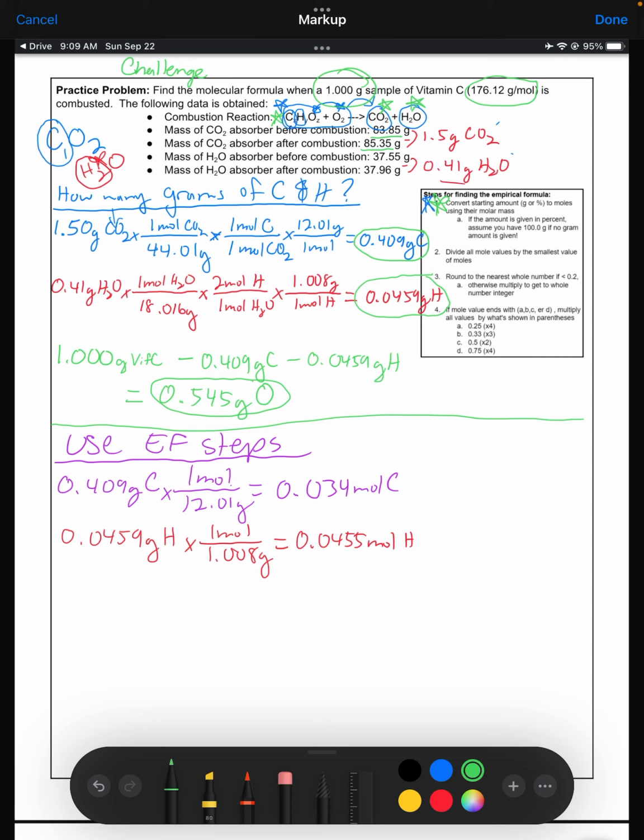Last but not least, I take my grams of oxygen, 0.545 grams of oxygen, and convert that to moles. And I get 0.034 moles of oxygen. All right, that's step 1 done, out of the way.